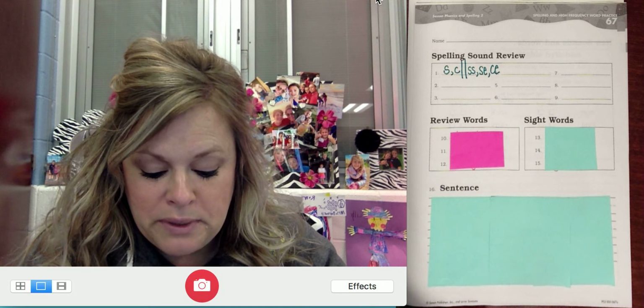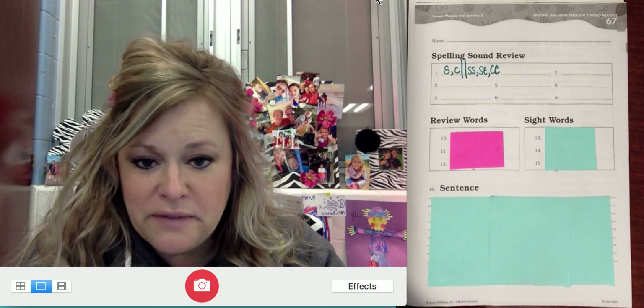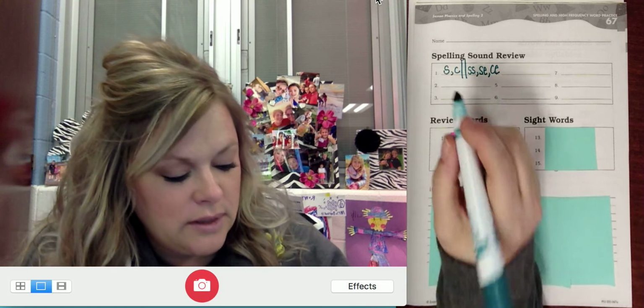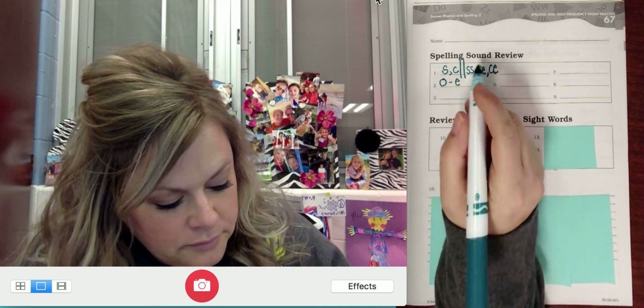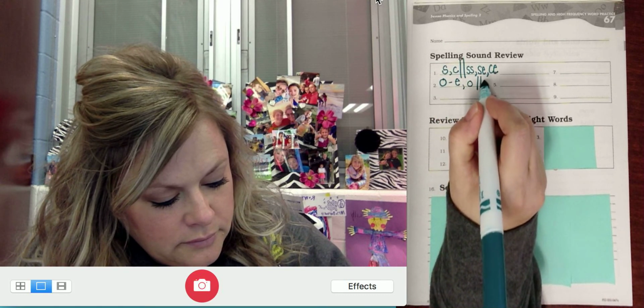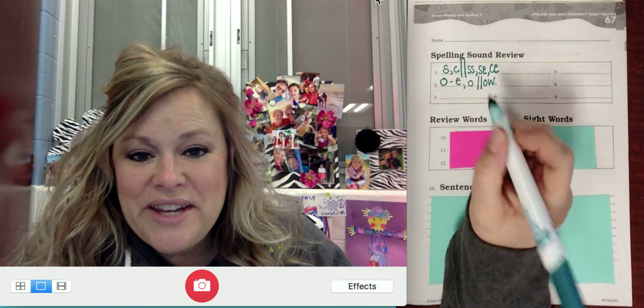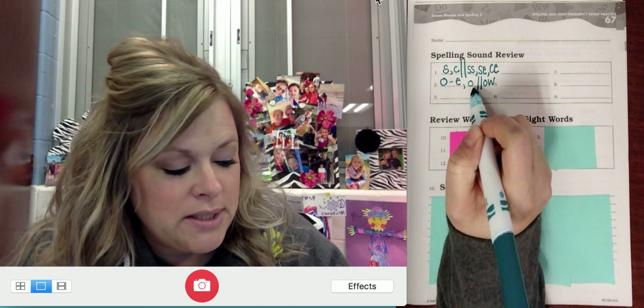Number 2, please repeat O. Repeat. Good. Write all the different ways you can make the O sound. And then check up here with me. All right, kiddos. O consonant E, comma O when in the initial or medial position.